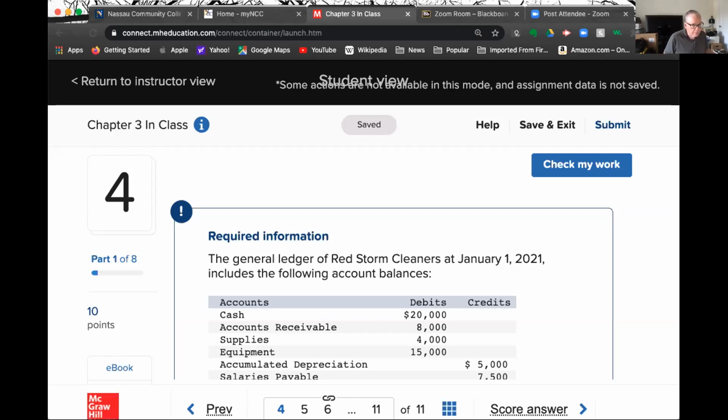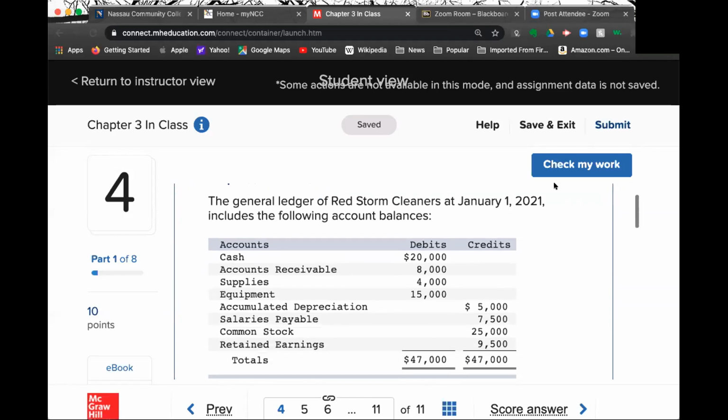So if we read this out, the general ledger of Red Storm Cleaners at January 1st, 2021 includes the following account balances.